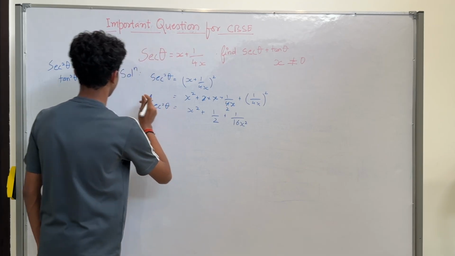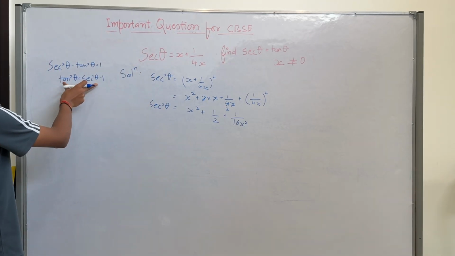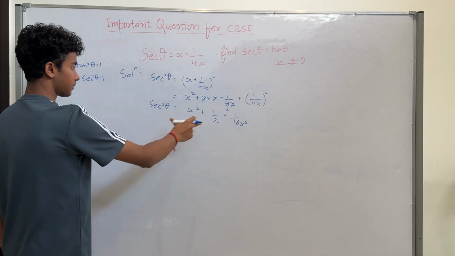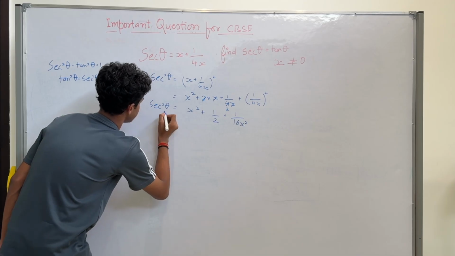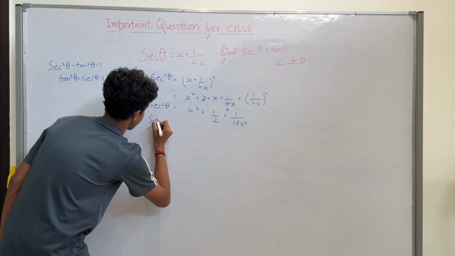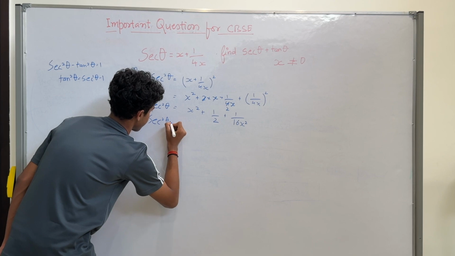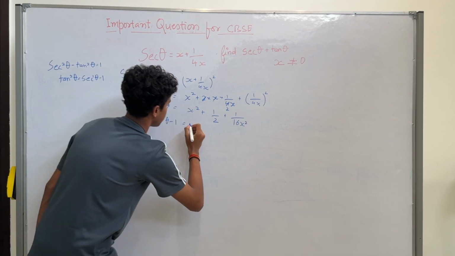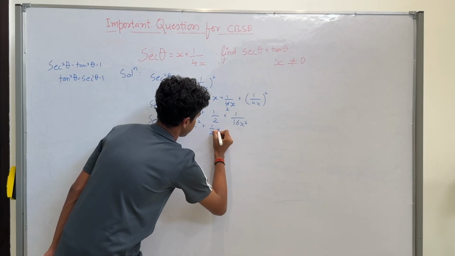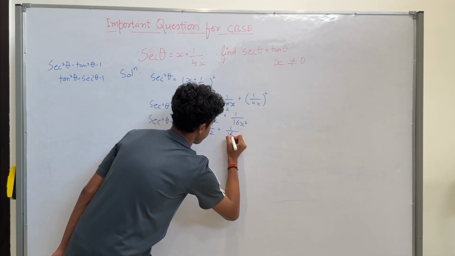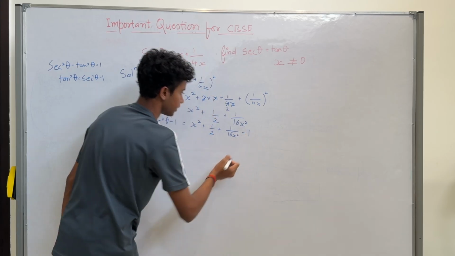Now to find out tan square theta, we subtract 1 on both sides. Let's do it. So sec square theta minus 1 is x square plus 1 by 2 plus 1 by 16 x square minus 1.